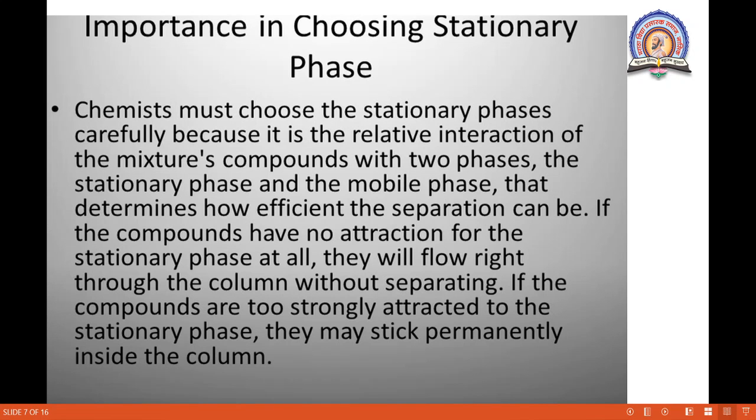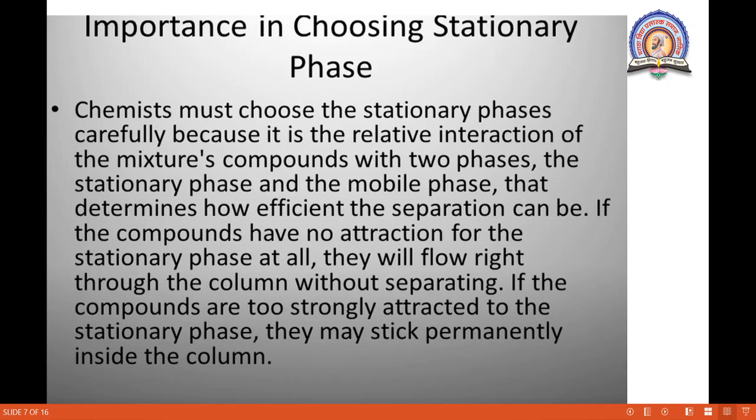Then we see the next, that is the importance in choosing the stationary phase. This part we have already discussed in the previous lecture, in frontal analysis and elution analysis. We are going to discuss it again here.